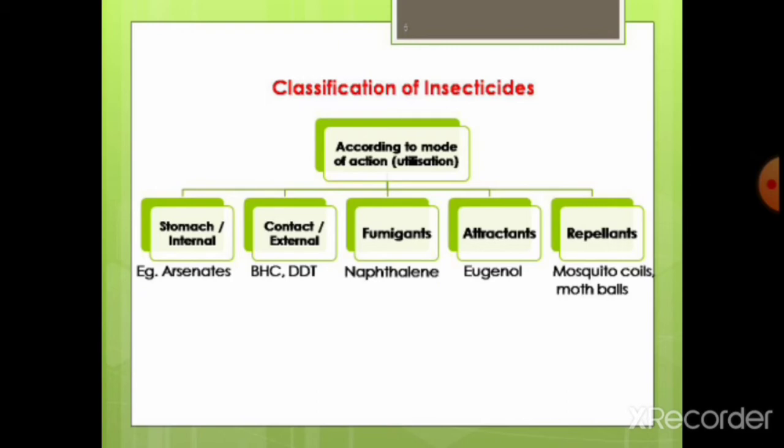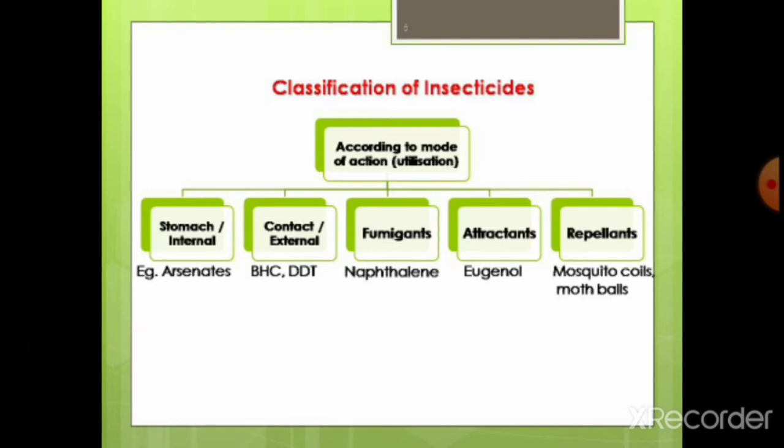Fumigants: fumigants means these are having a certain smell. Example is naphthalene. Then attractant means these are used for attracting the insects and then destroying them. That is called an attractant. Repellents: in our day-to-day life, we all are using mosquito coils. These are used for repelling the insects, and hence these are called repellents. These are the different examples of this particular type.